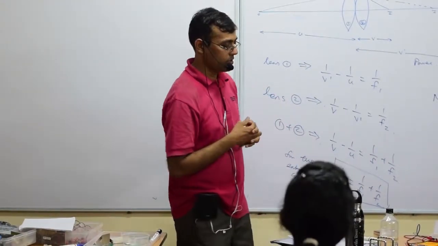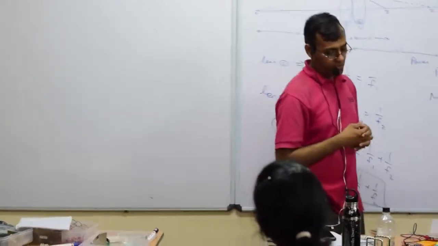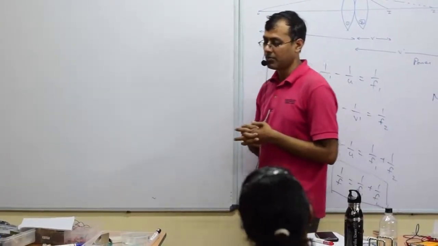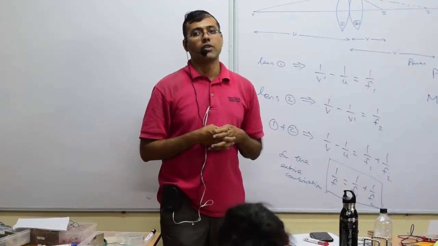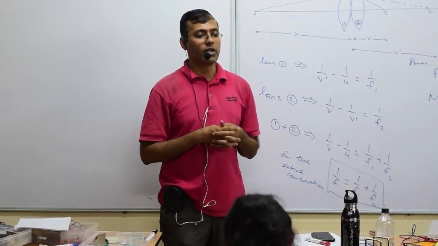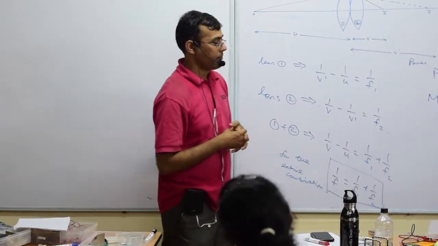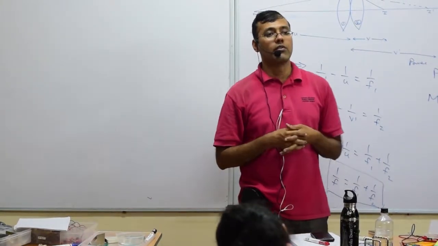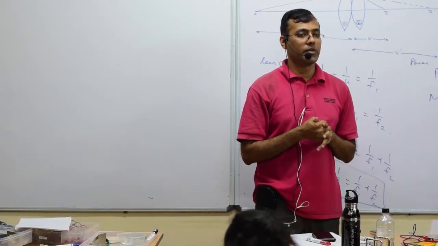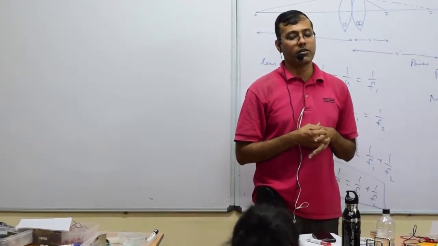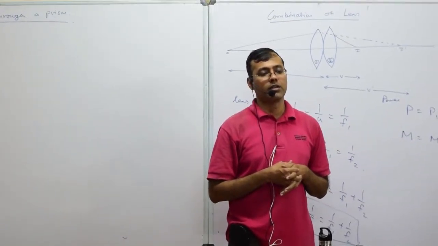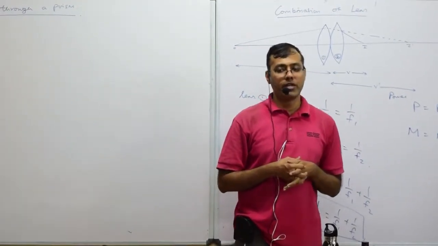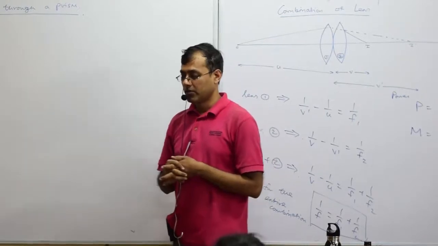Okay, so make a note. Dispersion of white light is nothing but when white light passes through a prism, different wavelengths contained in the white light get bent at different angles.